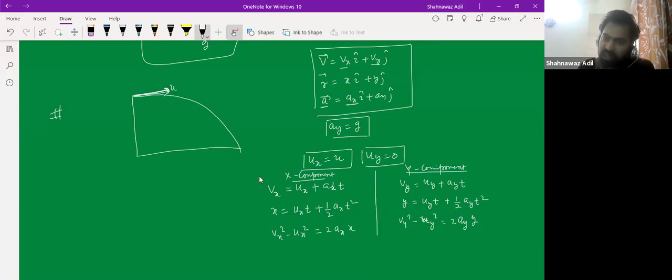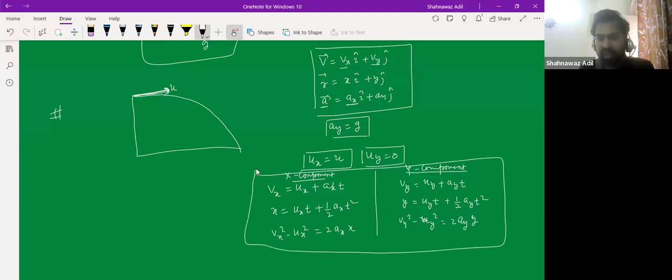So these are the component-wise distribution, right? And for the horizontal part, only the x part is there, this is 0. So this will cancel out, right? This is 0, this is 0. All these things are 0.